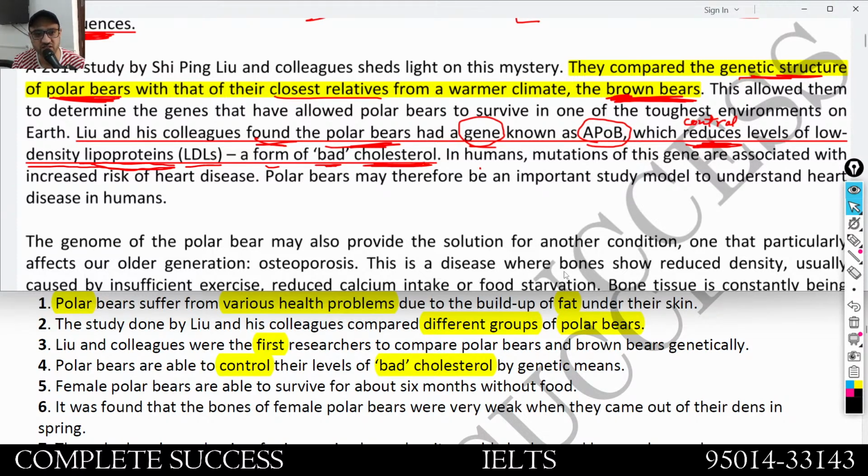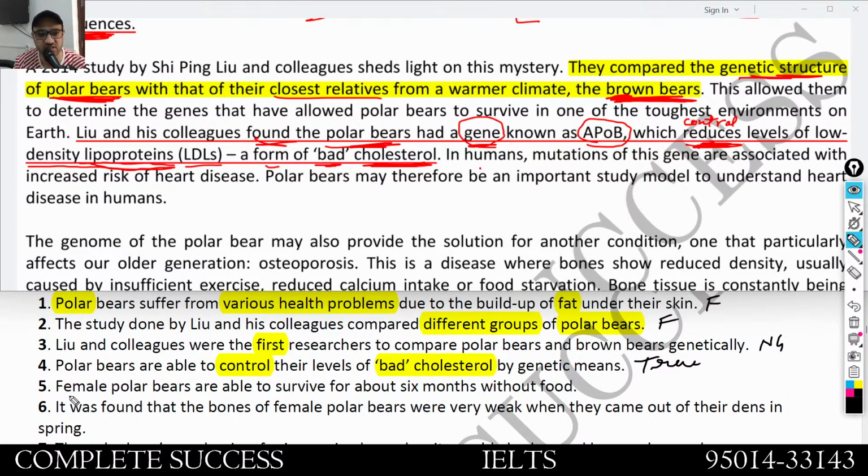So it is a bad cholesterol and they are able to control it. They have a gene which is able to reduce the level of bad cholesterol. So the answer of this question is true. This was false, this was false, this was not given, and this is true.